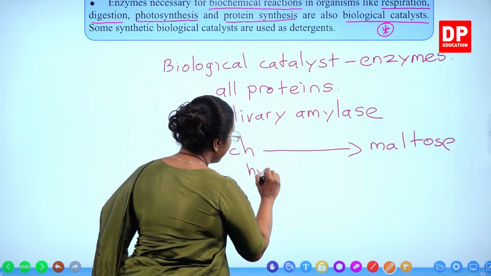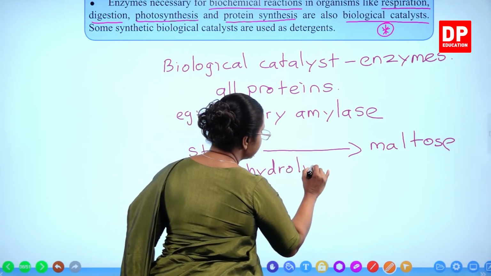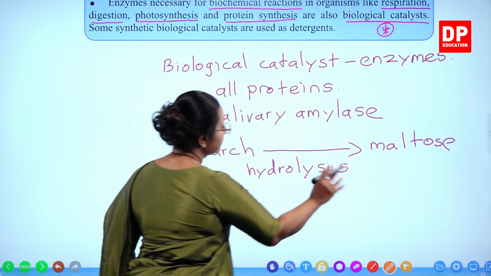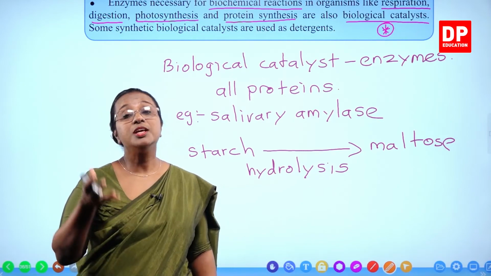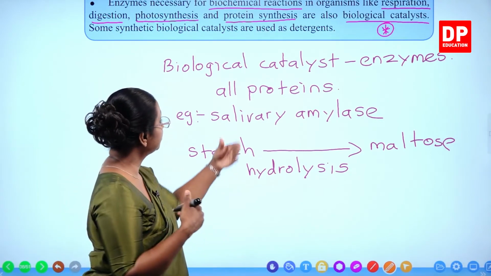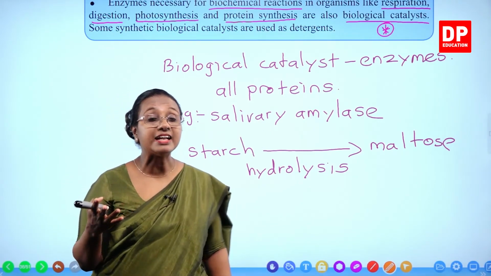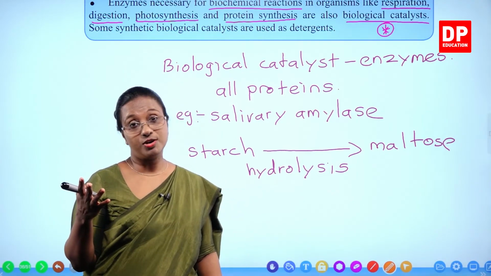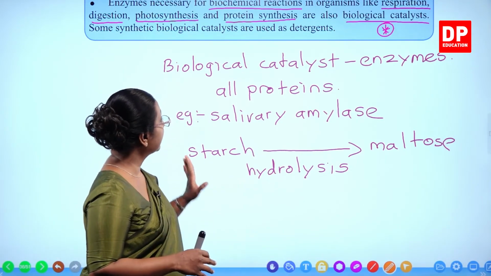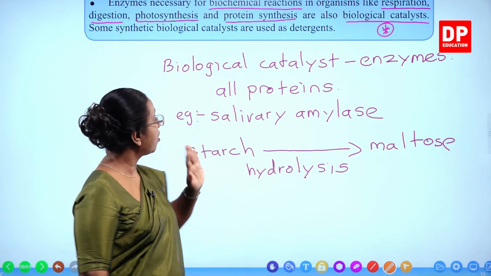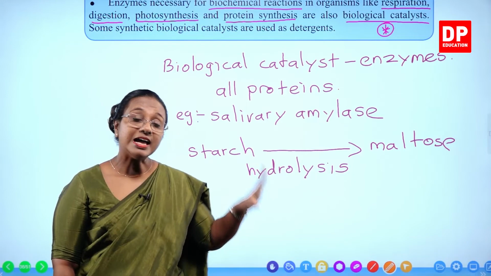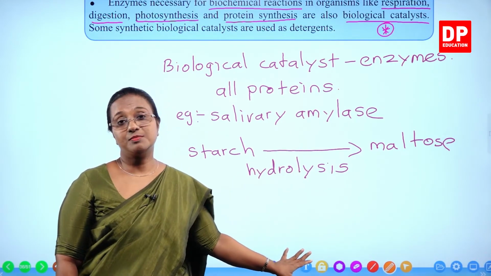This is the hydrolysis of starch to maltose. Inside your mouth, starch gets hydrolyzed to maltose. We did an activity also. You can recall that. So that enzyme is a biological catalyst, and they are all proteins. So like this, there are many other enzymes.